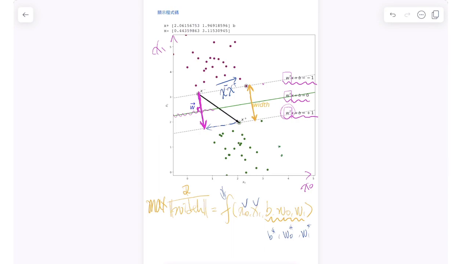It's the same, but we don't talk about those statistical or mathematical tools for how to find this. But just imagine that you can still use gradient descent to find the maximum value of the width by finding the best optimized B star, W0 star, W1 star.